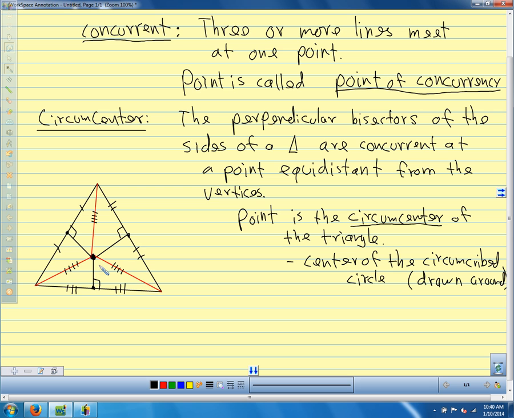So if we have the perpendicular bisectors to each side of a triangle, they meet at a point, and that point is exactly the same distance from each vertex. We call that point the circumcenter. Any questions on what the circumcenter is?